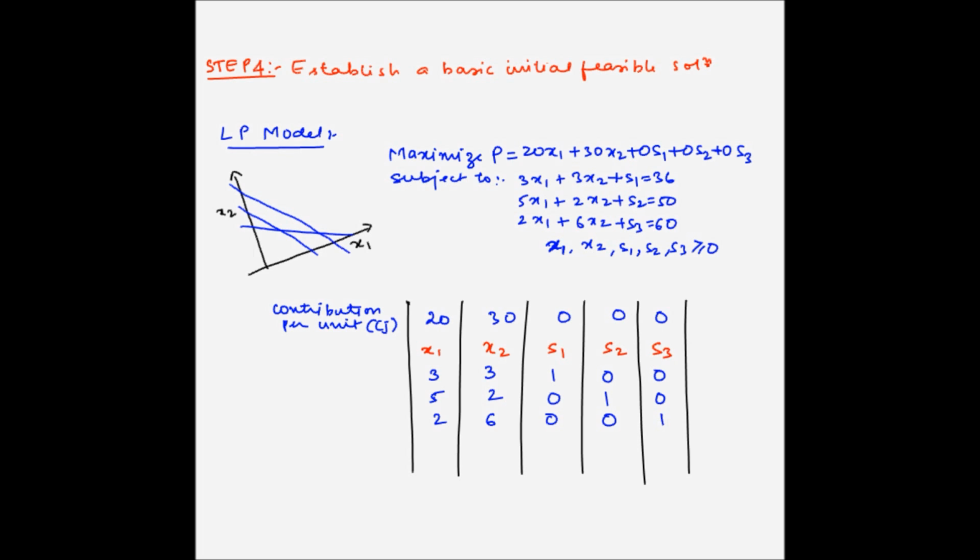Let's say that there are these 3 constraints. So the feasible solution region is this area here. This feasible solution region is represented by the corner points O, A, B and C.